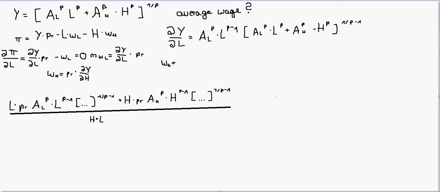the average wage is the amount of low-skilled workers times the low wage plus the amount of high-skilled workers times the high wage. And everything is divided by H plus L, that's the whole workforce.